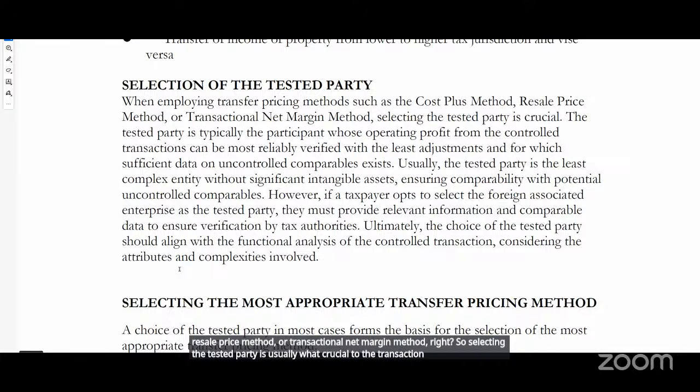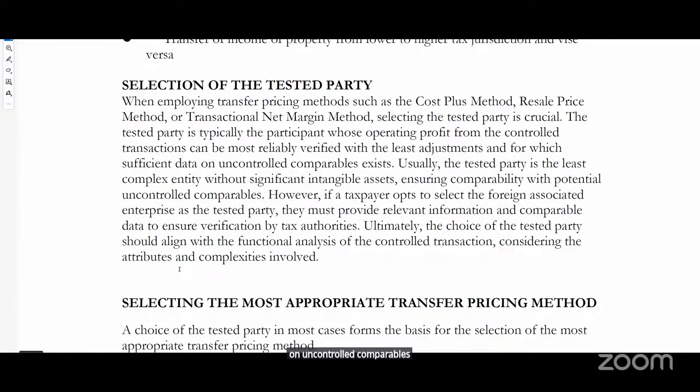The tested party is typically the participant whose operating profit from the controlled transactions can be most reliably verified with the least adjustment and for which sufficient data on uncontrolled comparables exist. In simple terms, the tested party is the less complex party to the transaction.